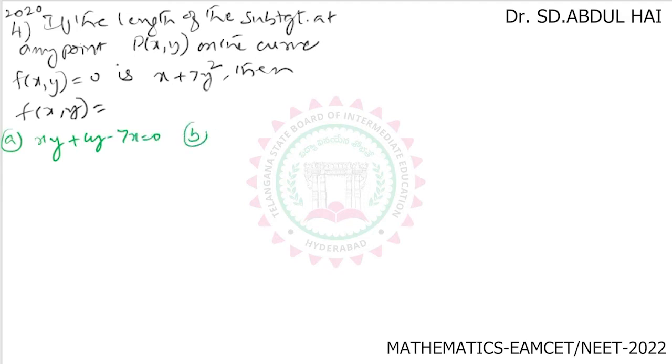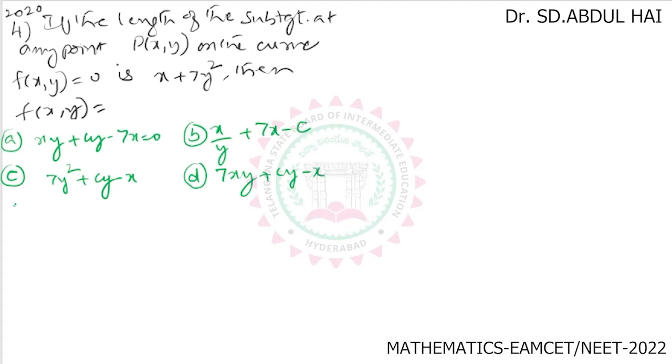The second option is x by y plus 7x minus c, the third option is 7y square plus cy minus x, and the fourth option, that is D, is 7xy plus cy minus x. Okay, now come to the solution.